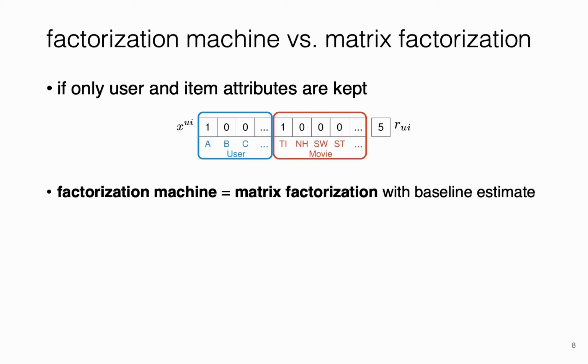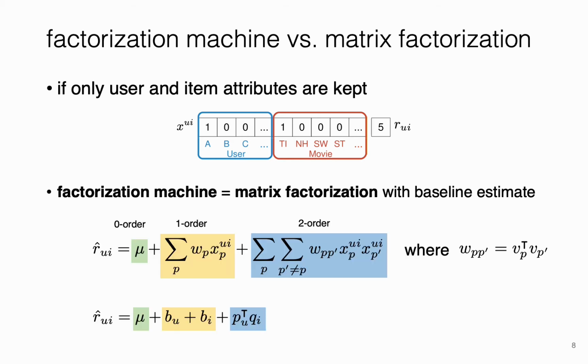Let's see why. On the top is the prediction formula for factorization machines. There are three components: a zero-order term in green, a first order in yellow, and a second order in blue.